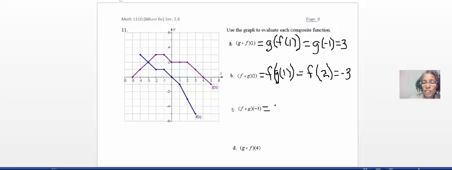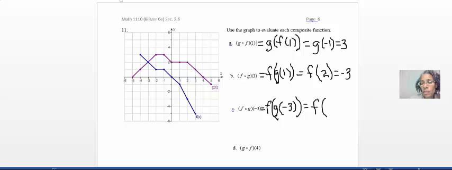All right, I want to find f of g of negative 3. So I'm going to take negative 3 and first put it into g. And whatever that is, that's going into f. So let's take negative 3 and put it into g. Actually, the two functions are equal at x equals negative 3.